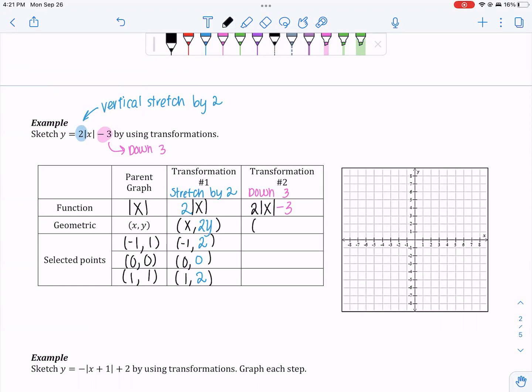That's going to be subtracting 3 from our y values. So all of our x values will stay the same, and we will subtract 3 from each of these y values. 2 minus 3 is -1, 0 minus 3 is -3, 2 minus 3 is -1.